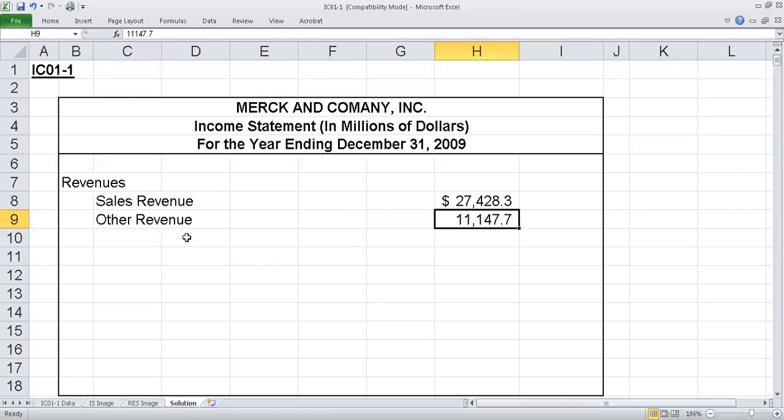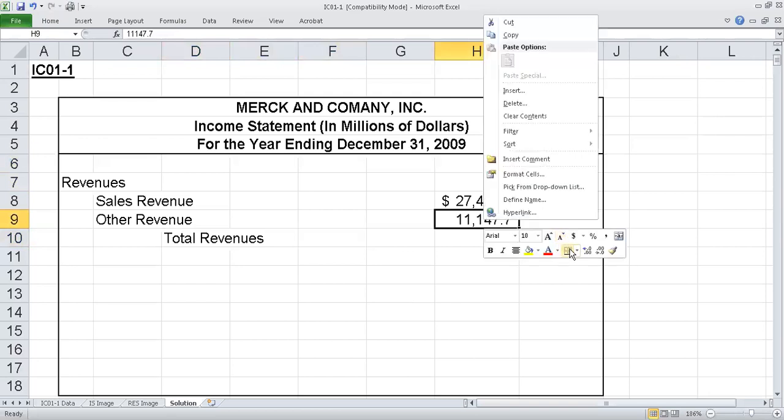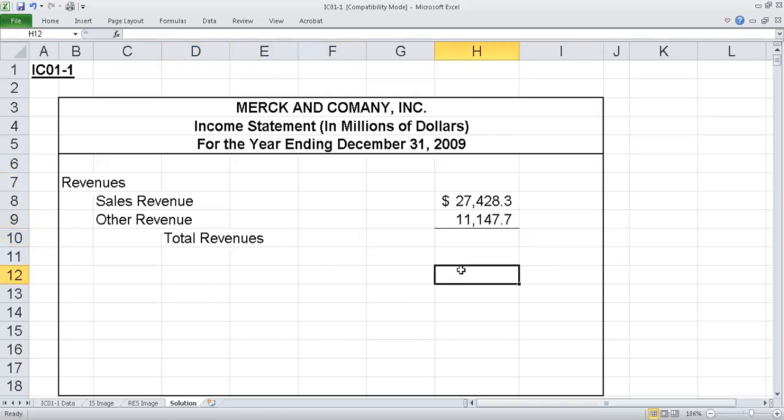Right, so I'm going to indent a little bit more, and I'm going to write the words total revenues. So this is our subtotal. Right, and I'm going to draw a single line under 11,147.7.